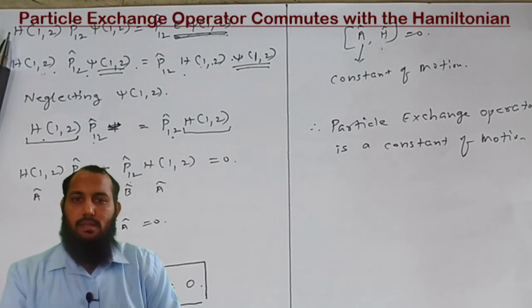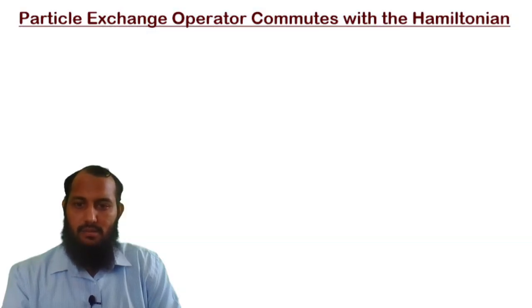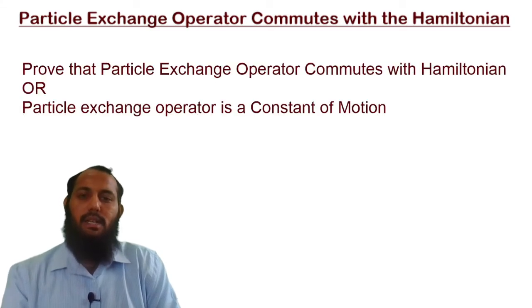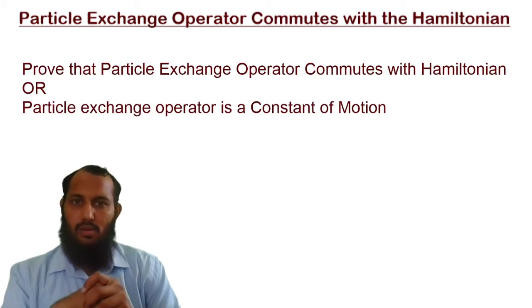So this was a very simple proof that the particle exchange operator commutes with the Hamiltonian, or is a constant of motion. The kind of question which can appear in the semester examination is: prove that the particle exchange operator commutes with the Hamiltonian, or that it is a constant of motion.